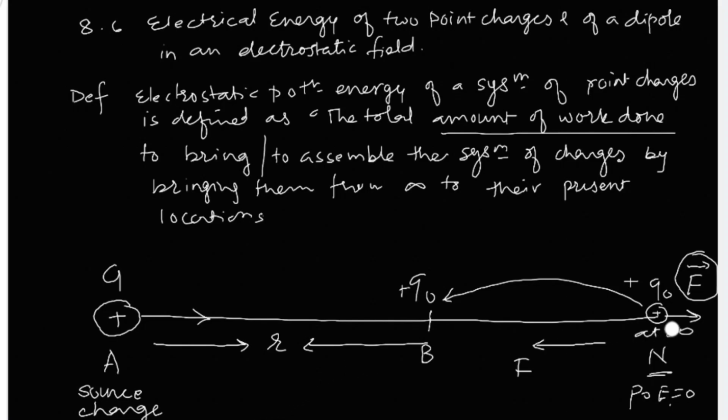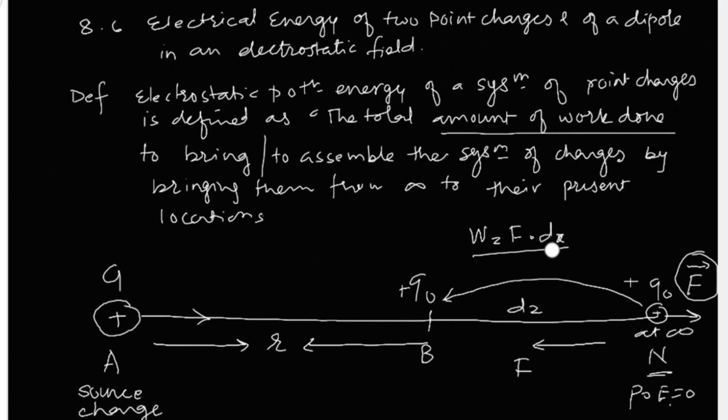So when you bring this charge from infinity to this, work is done against the electrostatic force, and that work done is nothing but force into displacement. Suppose the displacement is dx, so work done is equal to F into dx.